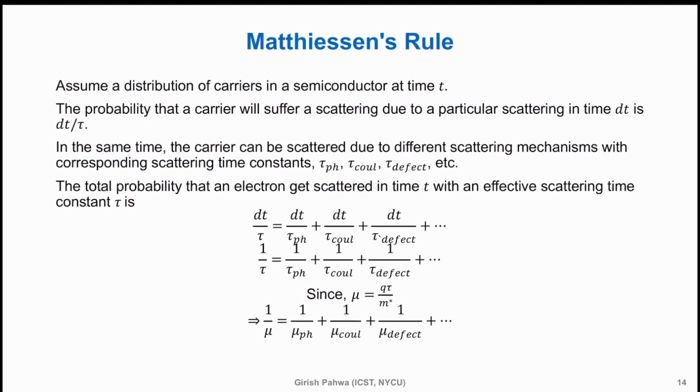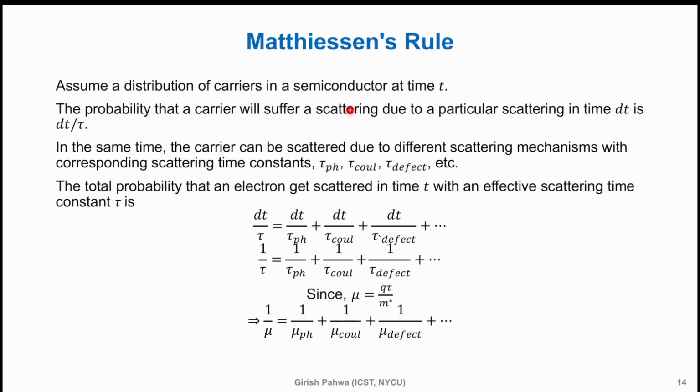Now the mobility can be affected by different scattering events. You know that. So if I have different types of scattering, how do I determine the mobility? You can have phonon scattering, Coulombic scattering, other types of scattering.